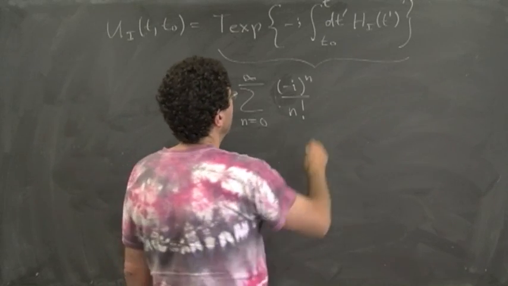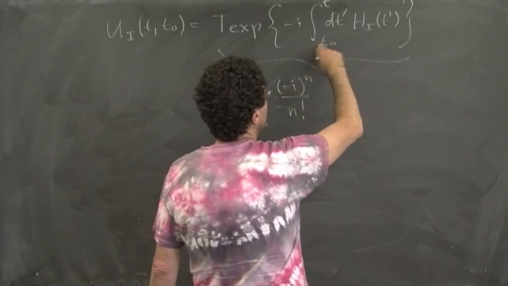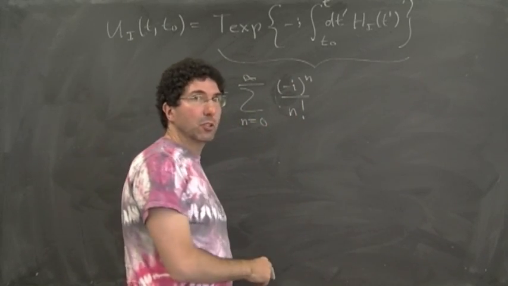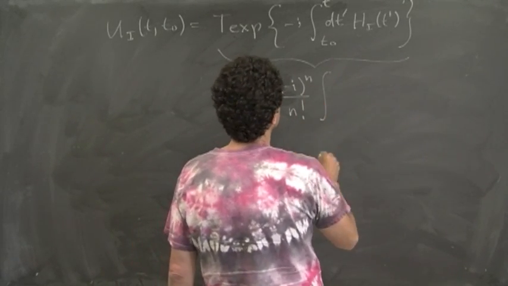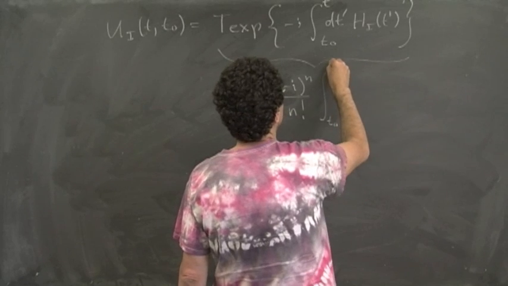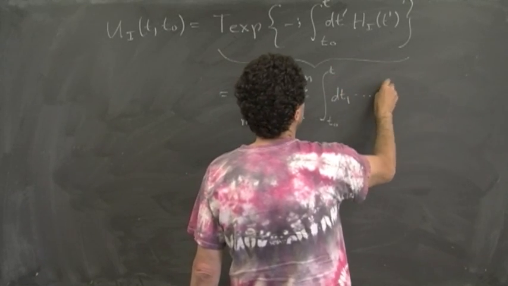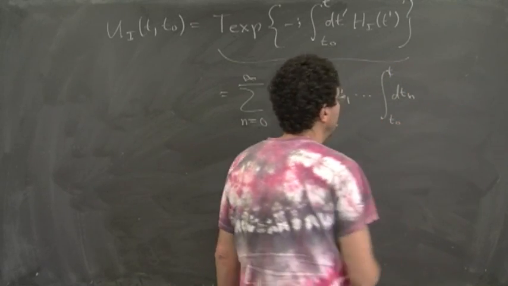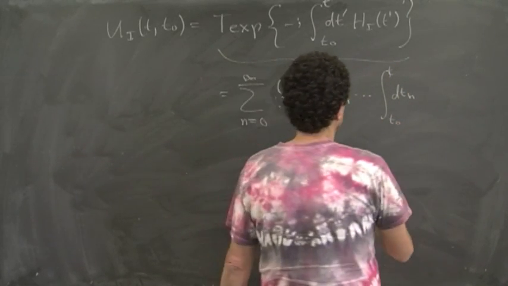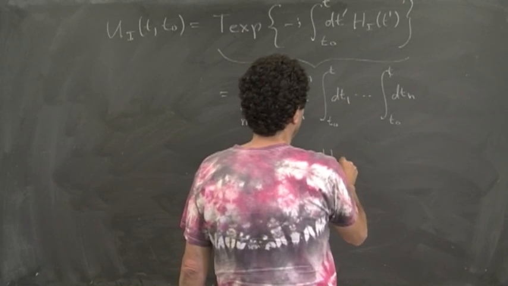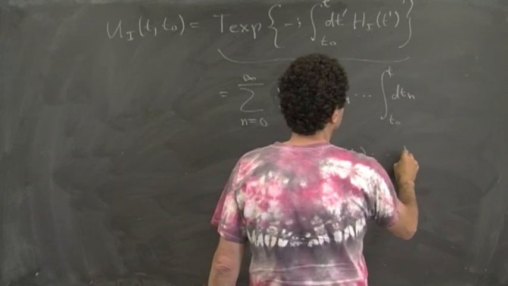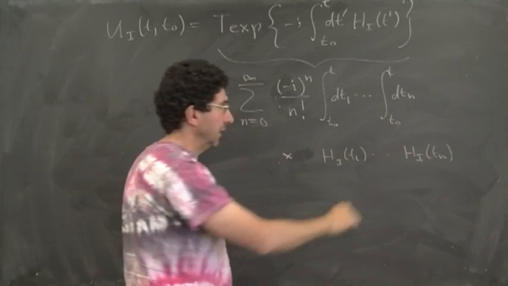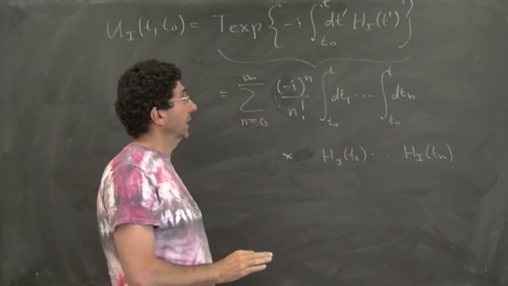And if this was an ordinary exponential, we would just have n powers of this thing up here. So what we actually have in the time-ordered exponential is almost that. We have integrals from t0 to t, dt1 through dtn, so n of these integrals. And if this was an ordinary exponential, we would just have here hi(t1) through hi(tn). This is what it would be if we wanted an ordinary exponential.